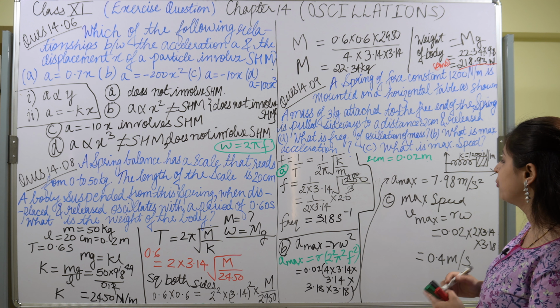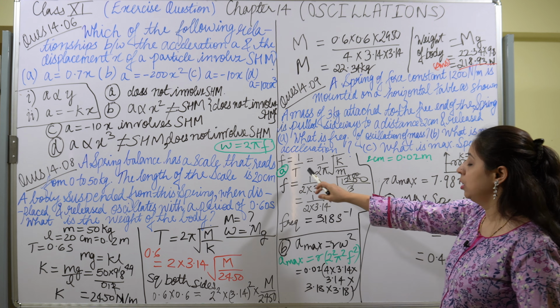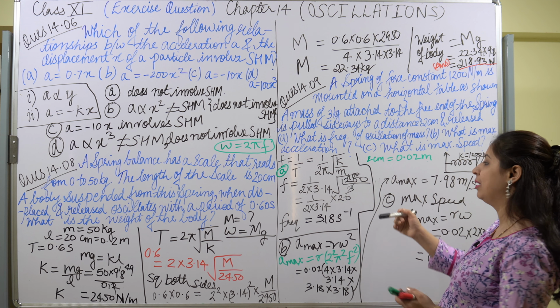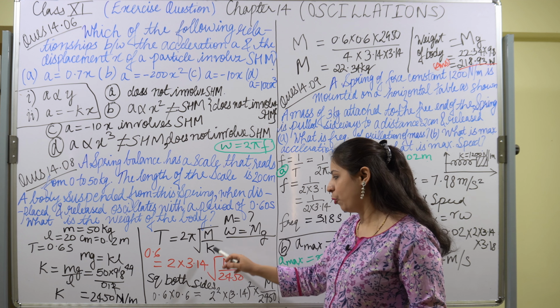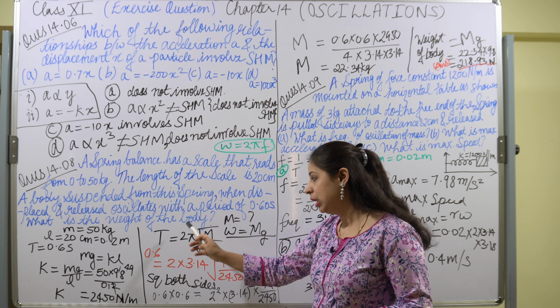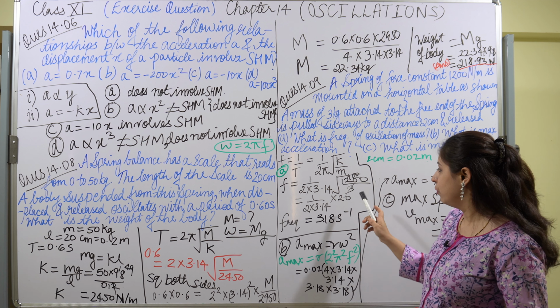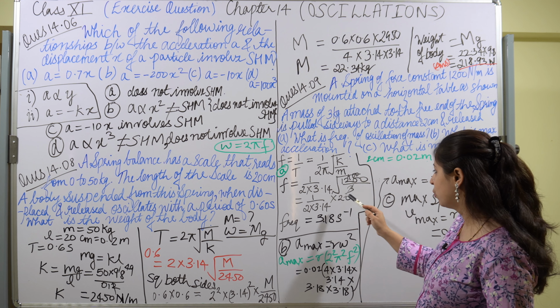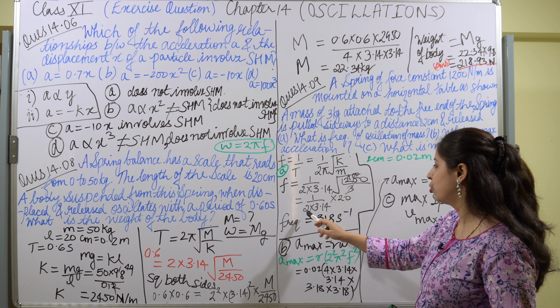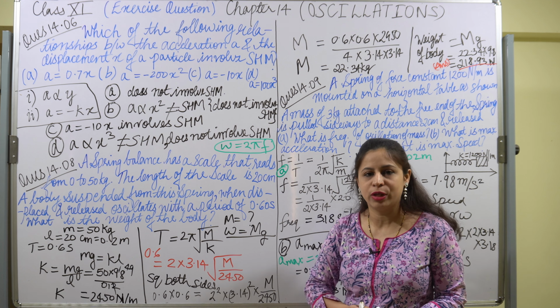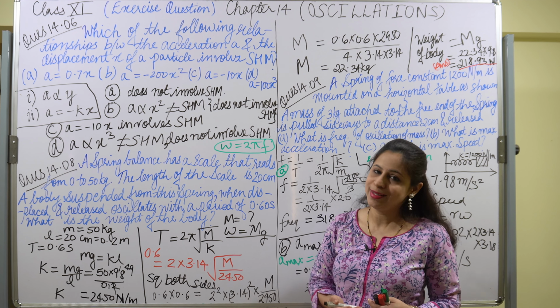So in the first part, we have to calculate the frequency. The frequency is equal to 1 upon time period. Time period is equal to 2 pi root m upon k. So when we do 1 upon T, we get f equals 1 upon 2 pi under root k by m. We have substituted all the values over here. We can take pi as 3.14, or we can also put 22 by 7.